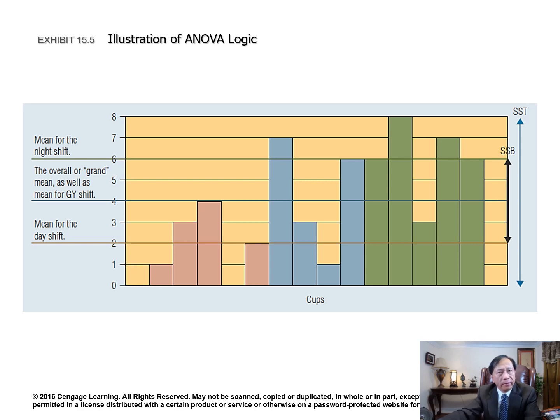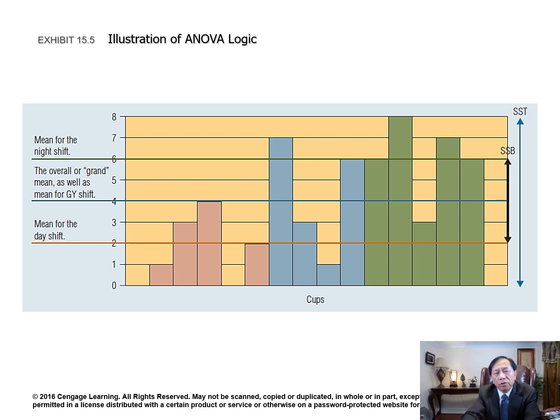And this one is the mean for the night shift. And the overall grand mean as well as the mean for the graveyard shift is here. It does look like there is a difference among the different shifts, right? But we need to calculate to find out.